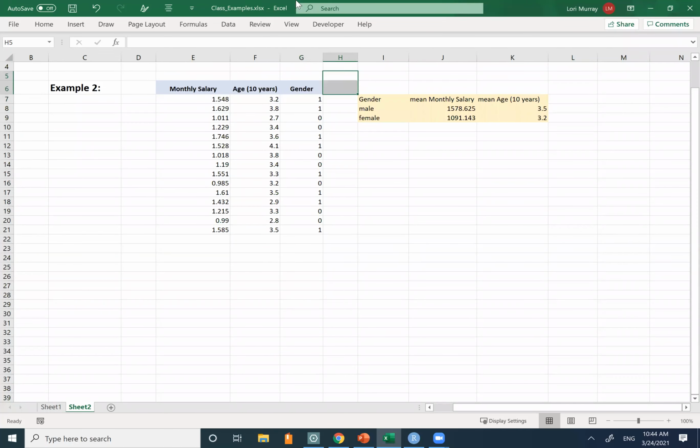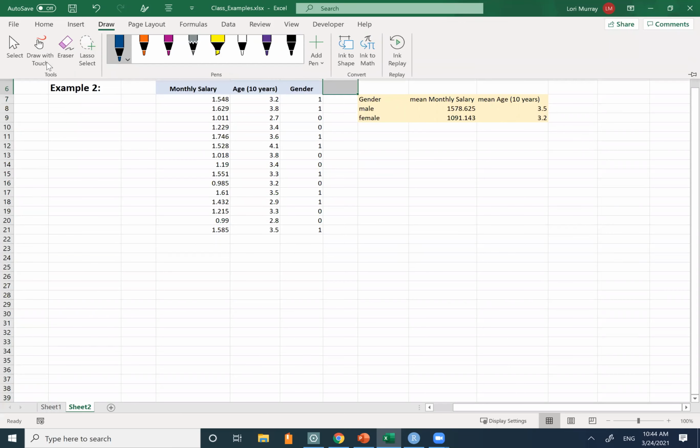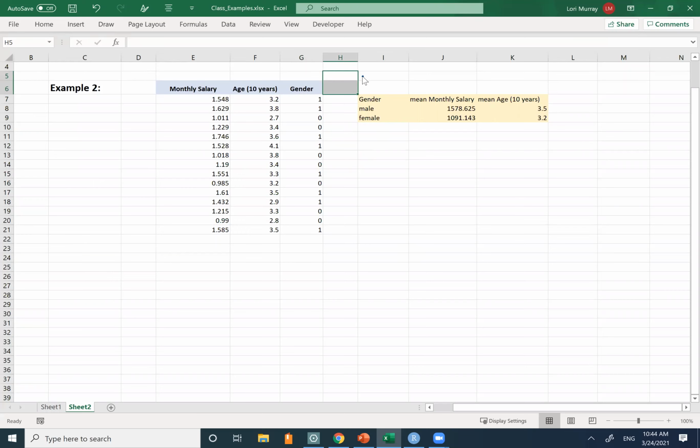I need to get the draw so that you guys can see what I'm talking about here. Draw with touch. Okay, so I'm going to put here males are 1, and females are equal to 0. You simply give them what we call a dummy variable. You assign them a number.